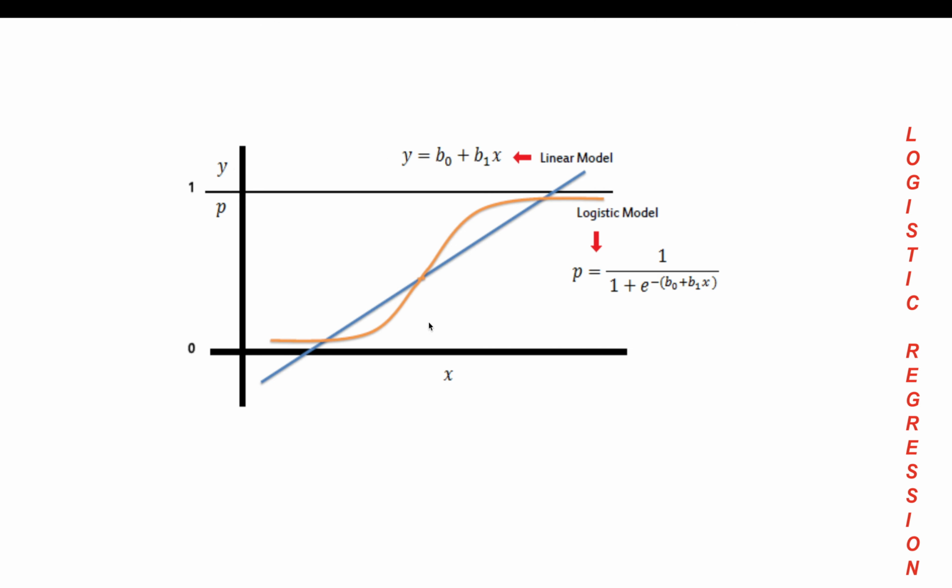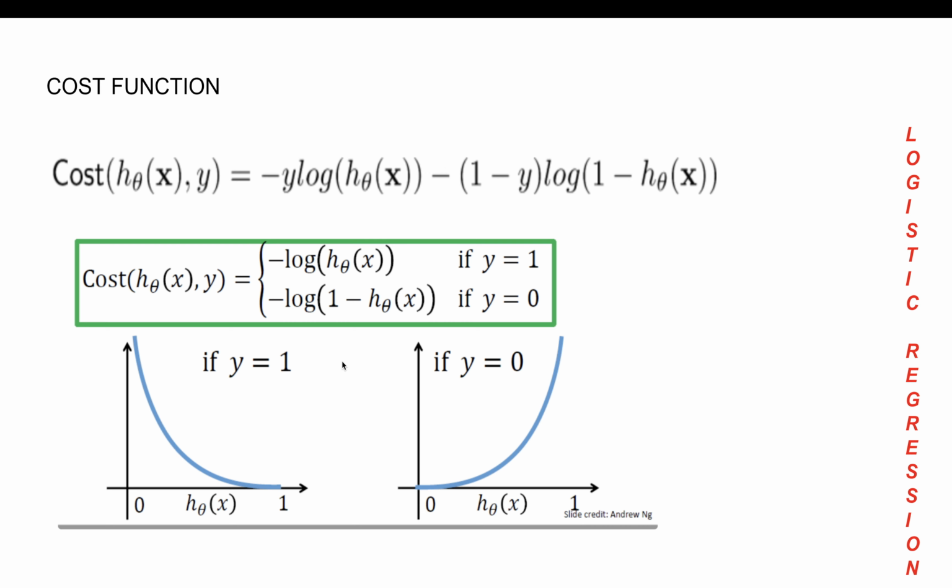But now if you look at the logistic model line, this orange model line, and this particular sigmoid formula, p equals, where p is the output value, 1 by 1 plus e to the power minus (beta 0 plus beta 1 x), which is nothing but your y equals mx plus c. This is what your logistic model is all about. And even the curve that you see, it is not a straight line. The orange curve basically represents your logistic model. So I hope you understand this particular part.